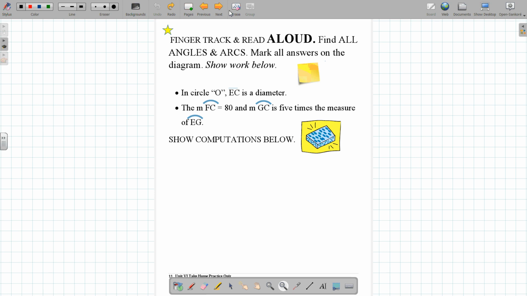All right, finger track and read out loud. Find all possible angles and arcs. Mark your answers on the diagram. Show all your computations below. We're going to mark these 2 dots on the diagram. First, in circle O, EC is a diameter.